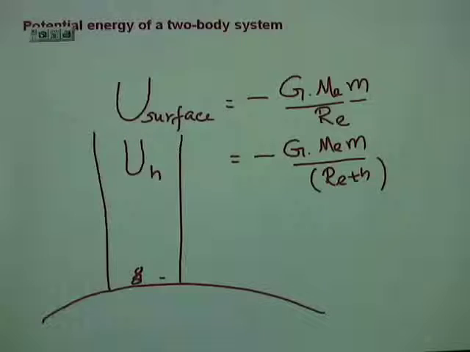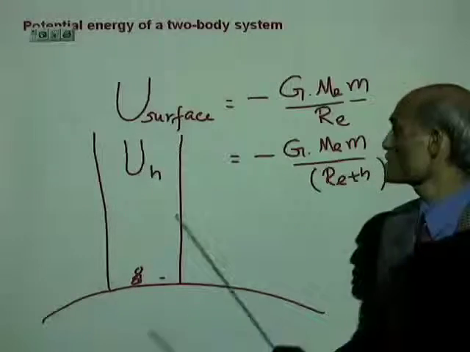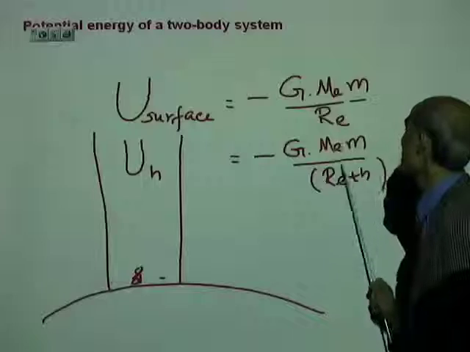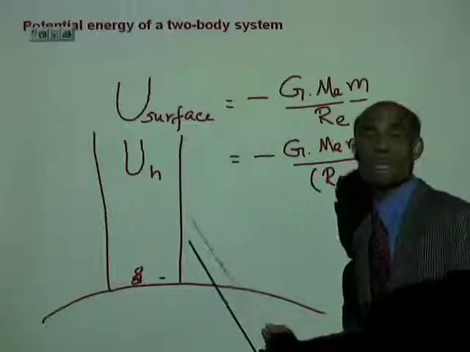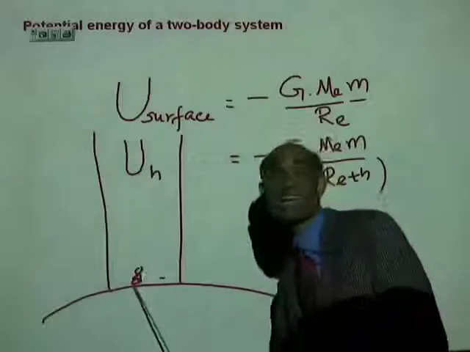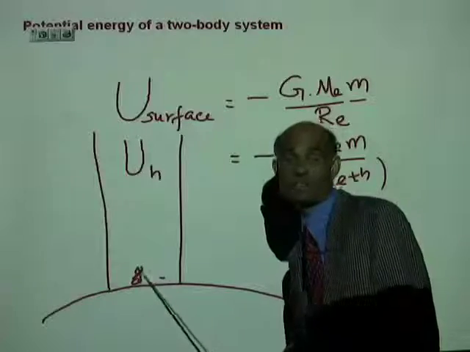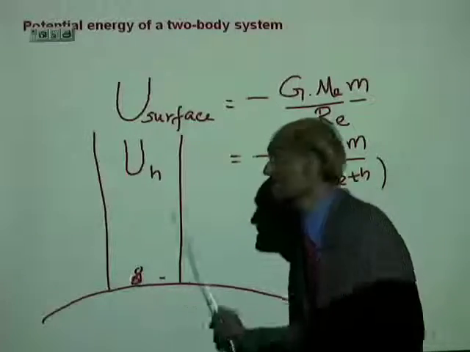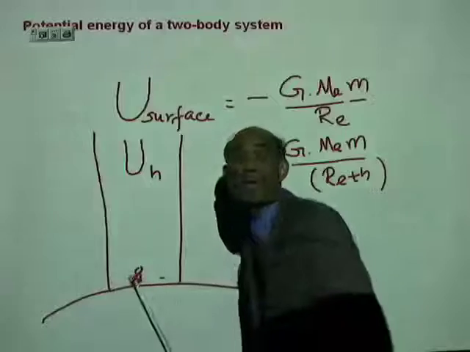I am in the potential well, and I have the potential energy given by this equation, negative G M_E m over R_E plus h. Now how can I escape this well? Here, this is me here. How can I escape this potential well?